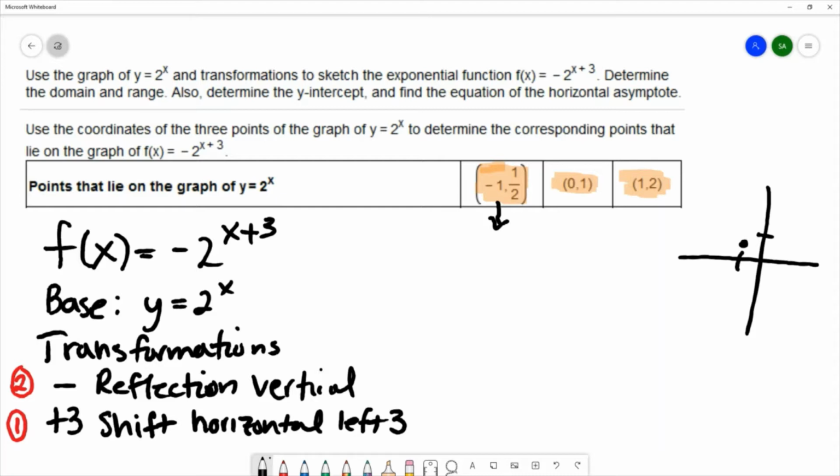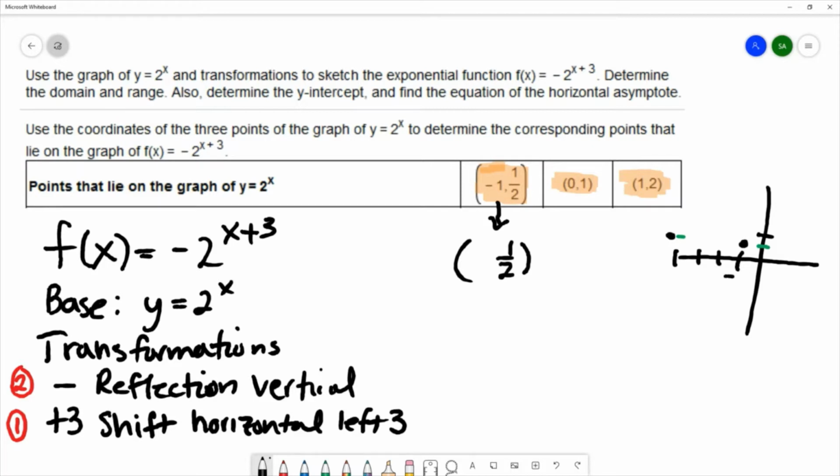So that ordered pair would shift left 1, 2, 3 to here. And you can see that the y value at the original coordinate and the y value at the new coordinate are exactly the same. So our y coordinate is not changing for the transformation of shifting left 3. However, the x coordinate has changed.